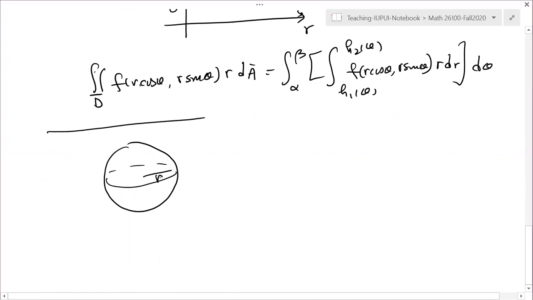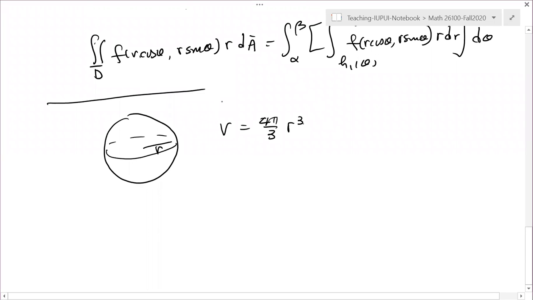In calculus 1, we get the formula for the area of a circle, which is pi r squared. Now in calculus 3, we can get the formula for the volume of the ball and even the surface area. The volume of the ball is 4 pi over 3 r cubed, and we're going to prove this formula.